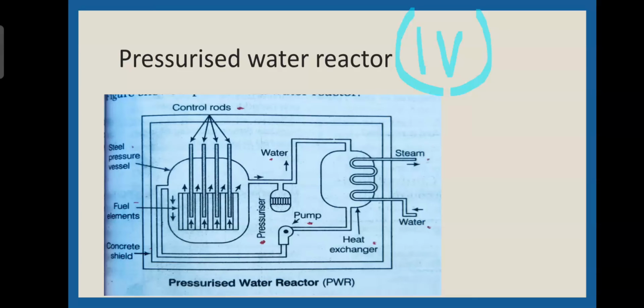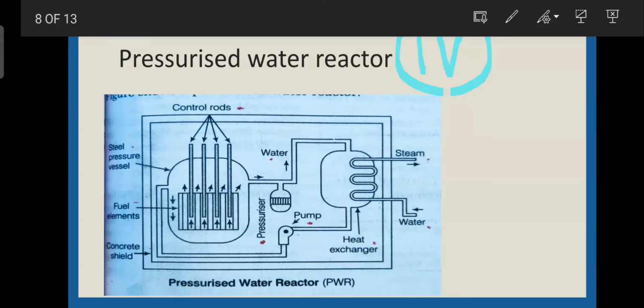Then the pressurized water reactor. This is the whole figure of the pressurized water reactor, and this is our control rod. Those are pulled off and pushed down here, and those are our fuel elements or control rods, and this is our concrete shield made of concrete and steel.